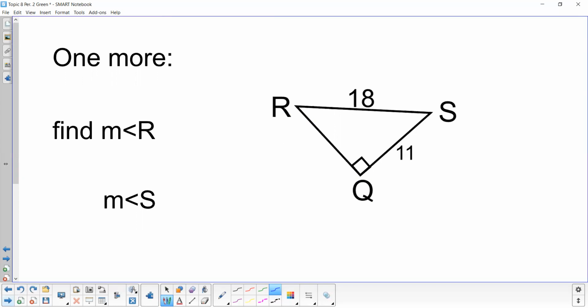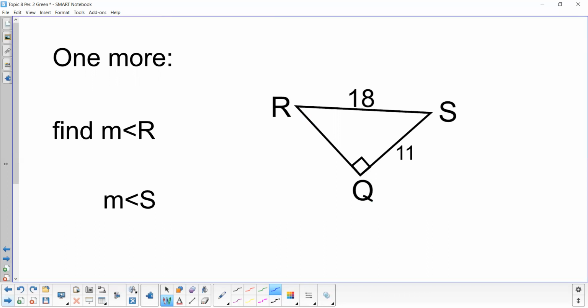Don't base it on how it looks. Meaning if you're like, oh, well, that's the same, so it's 11, because it looks the same. That doesn't work out. What if there's no hypotenuse? There is, it's 18. The reason why this one's a little tougher is that it's oriented a little bit awkwardly.